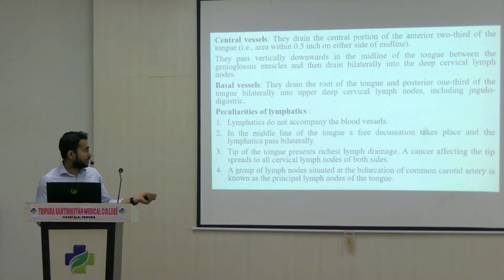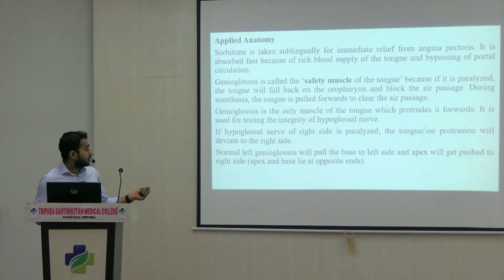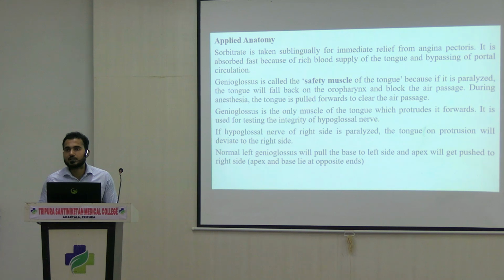For example, in the applied anatomy of the tongue, the first applied importance is related to the blood supply of the tongue. I hope you have heard about angina pectoris. Yes, you have heard about angina pectoris.